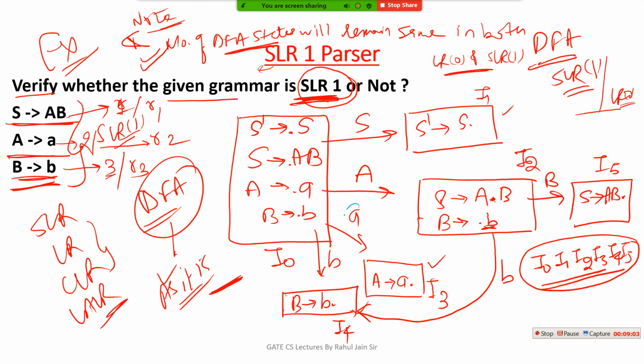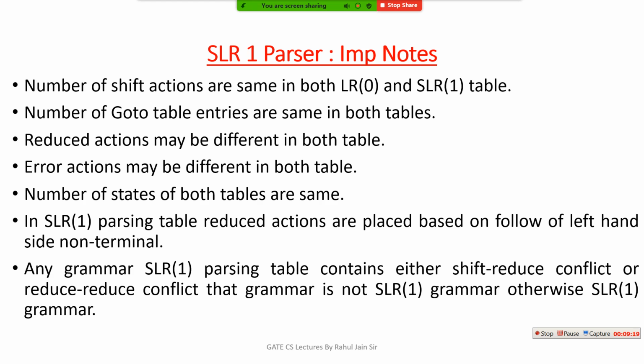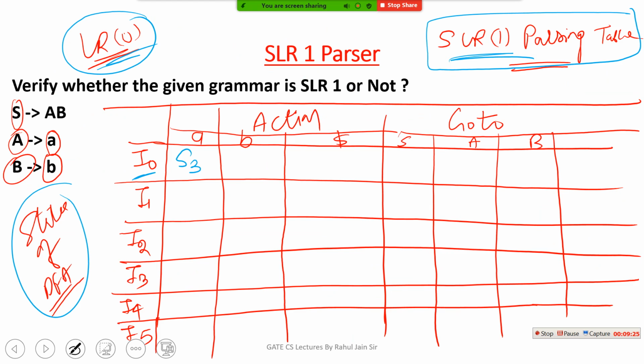I0 on small a moves to I3, which means it is shifted to I3. So for I0 on a, I write S3, shifted to the third state. I0 on b is shifted to 4, so I write S4 here.